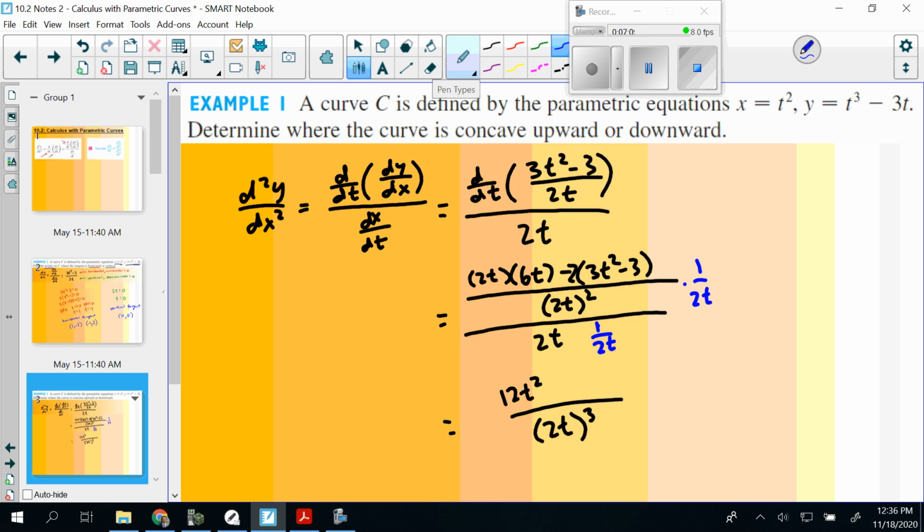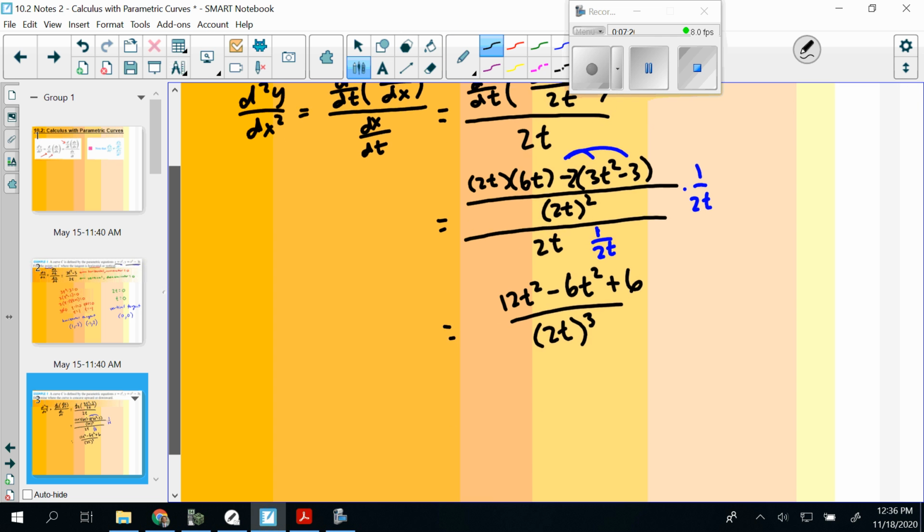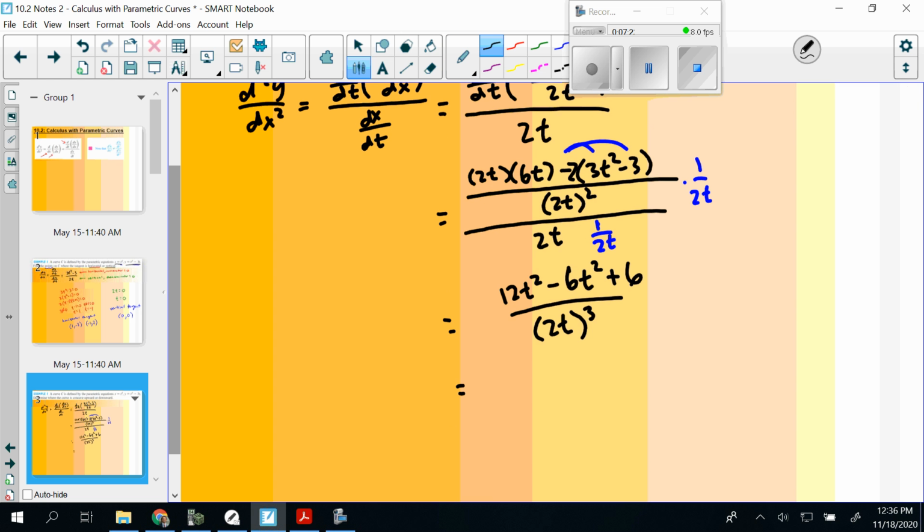So we distribute a negative 2t, which would be negative 6t squared plus 6. Finishing simplifying here, it looks like our second derivative comes out to be 6t squared plus 6 all over 2t cubed. So that's our second derivative.